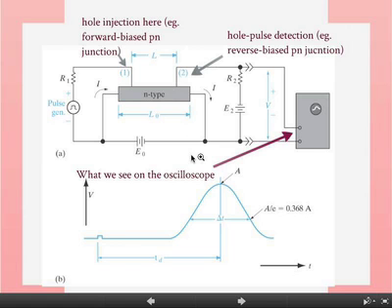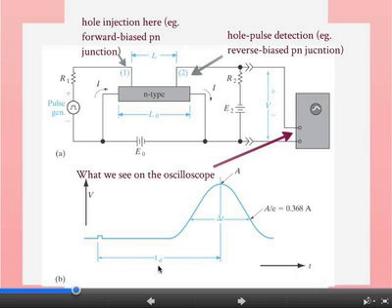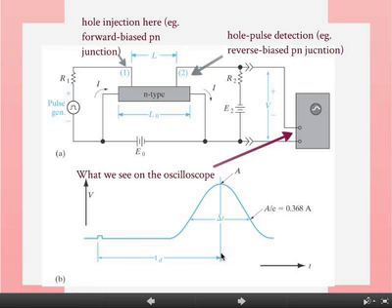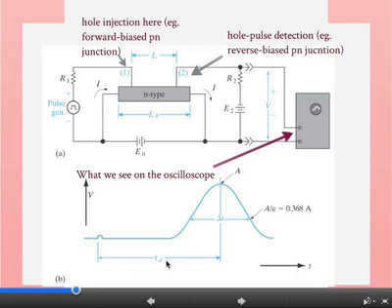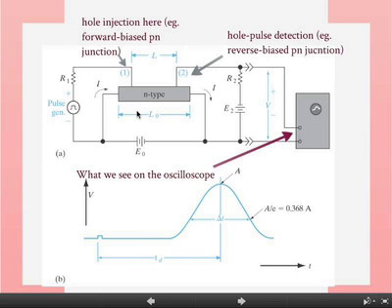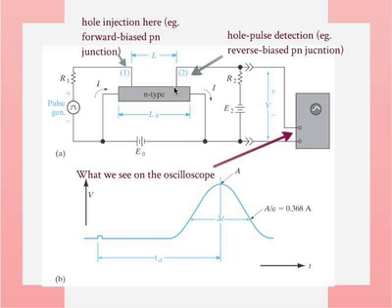So you have measured two things: td, the location of the peak of the pulse in time, and the spread of the pulse in time, delta t. With td and knowledge of the distance L between point 1 and point 2, you know the drift velocity, because distance divided by time is the drift velocity of the holes.